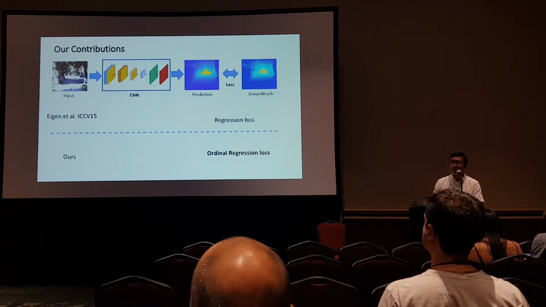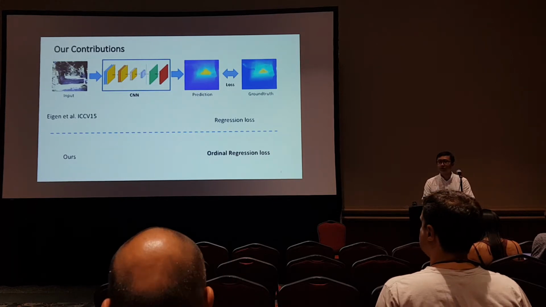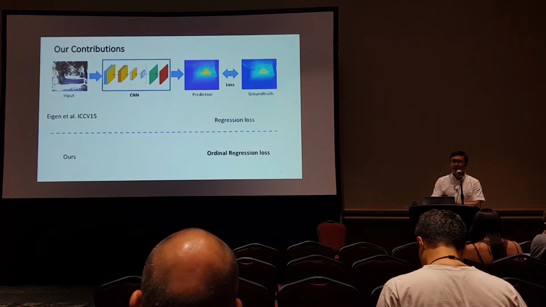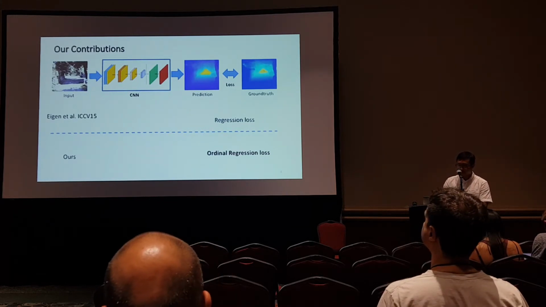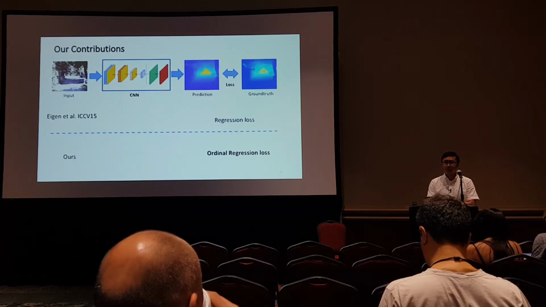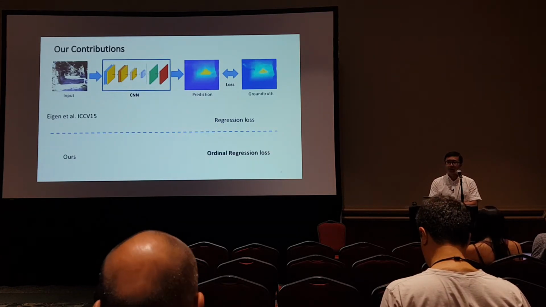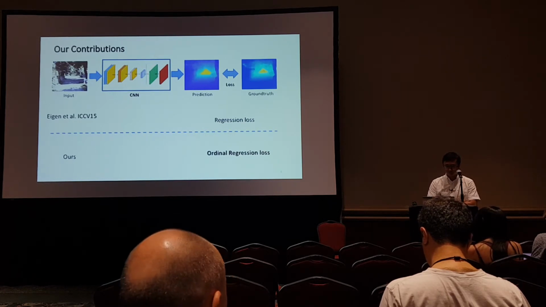The first one is the loss function. Most of the previous works focus on the regression loss because the depth value is inherently a continuous variable. In our work, we consider this as a discrete variable, and we apply an ordinal regression loss. This improves the results by a large margin.